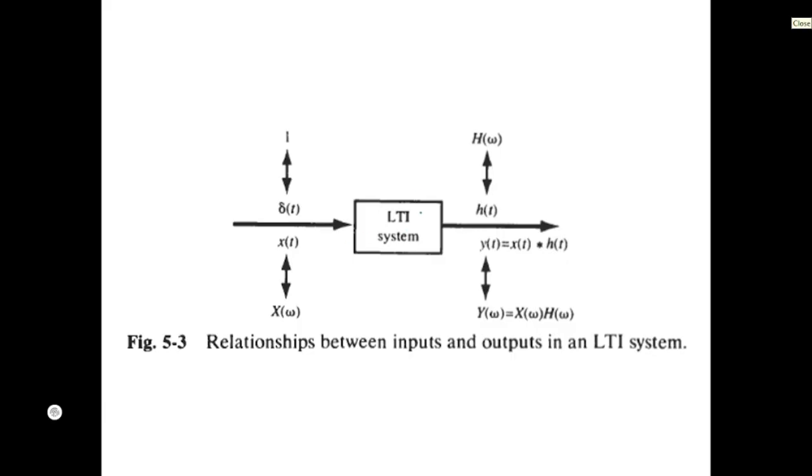So over here, if you see, this is a system, and we have discussed that in biomedical signals we only use LTI systems, linear time invariant systems. Now this linear time invariant system has a component which is mathematically represented as h(t), and it is nothing but your impulse response.